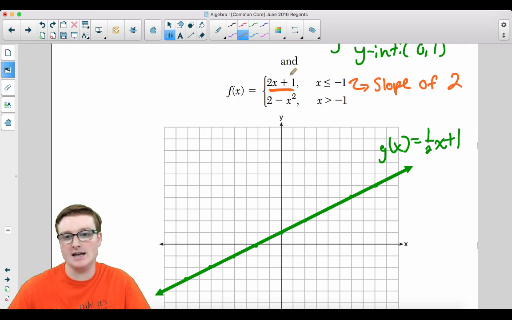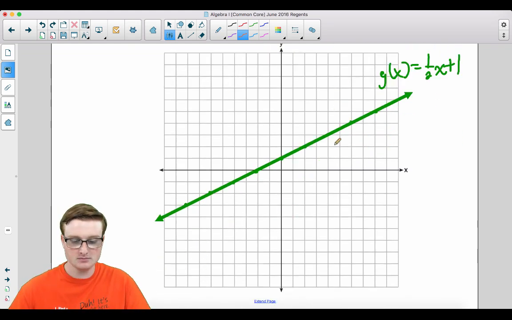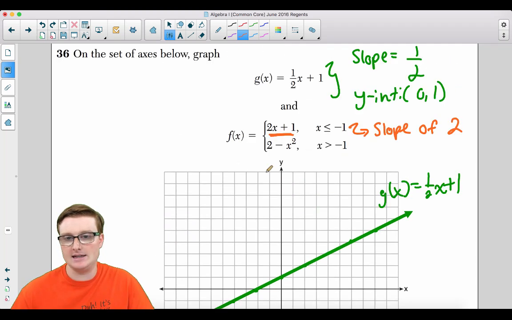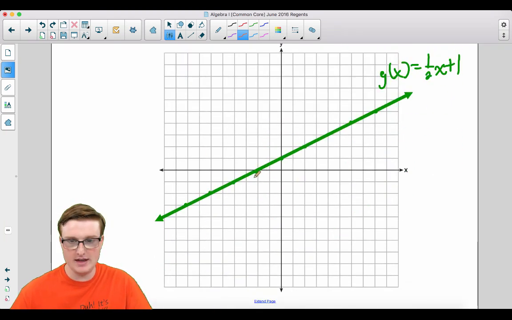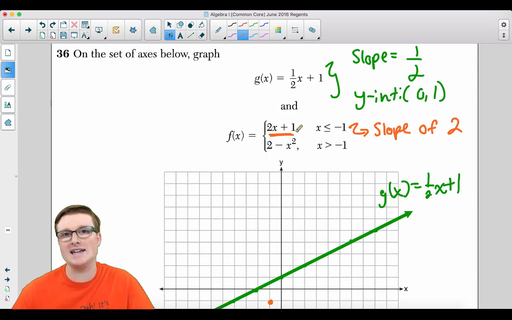The piecewise function, it's really the point of jump discontinuity or jump that's happening is at -1. So the line has a slope of 2, and it stops at -1. So that actually stops right here. And the reason why is that this has a y-intercept of 1.